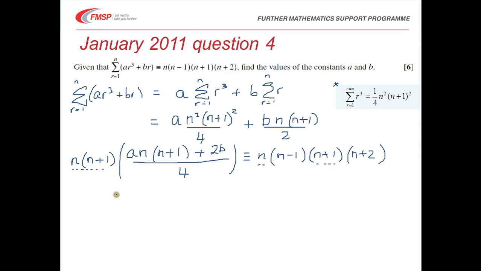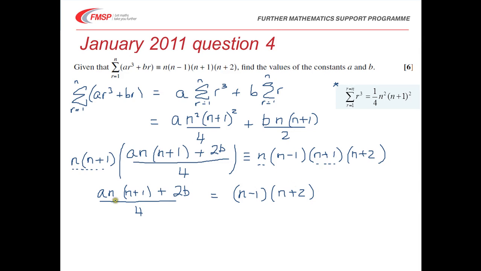So the coefficient on the left is an plus 2b over 4, and on the right the coefficient is equal to n minus 1 upon n plus 2. So those two things must be the same.